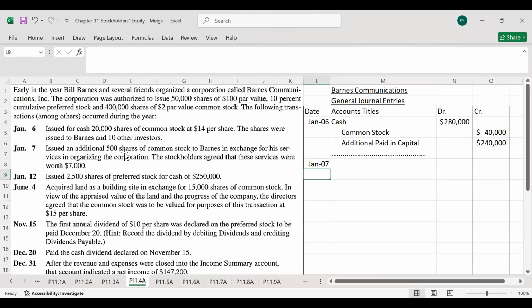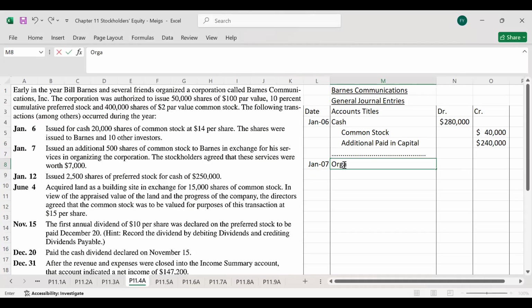So this can be recorded by debiting preliminary expenses or organization cost expenses against the issuance of common stock. So 500 shares were issued. The stockholders agreed that these services were worth $7,000. So this means that the organization cost or the preliminary expenses are $7,000.